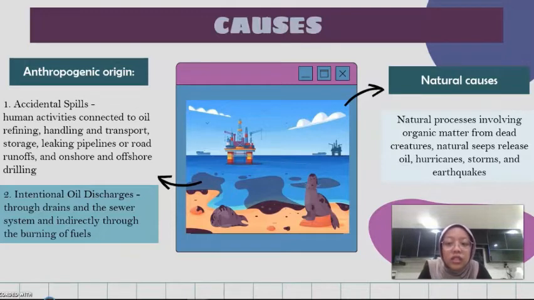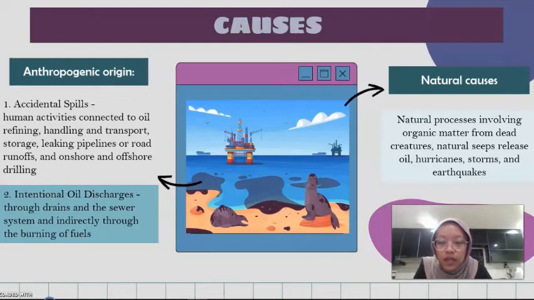Even though numerous climate factors and natural disturbances can generate oil spills, the main causes of oil spills are usually of anthropogenic origin. We can divide it into two: accidental spills and intentional oil discharge.